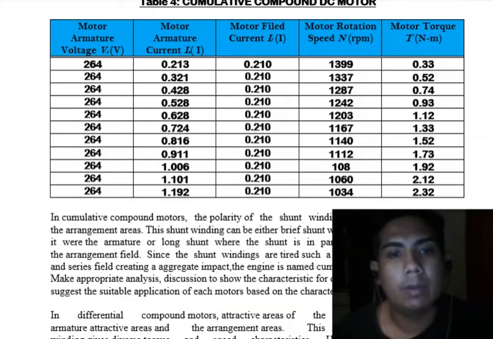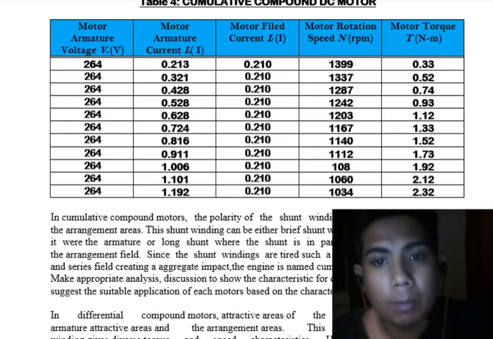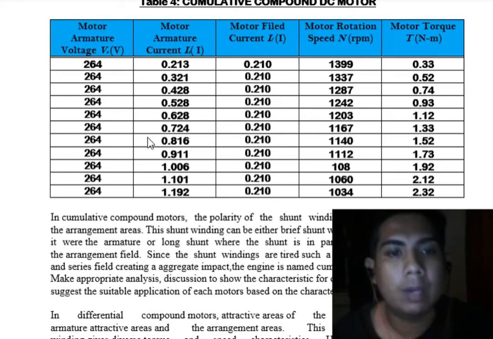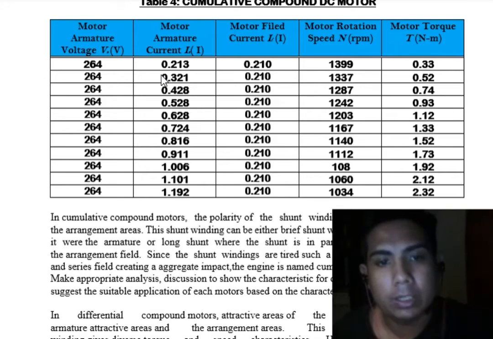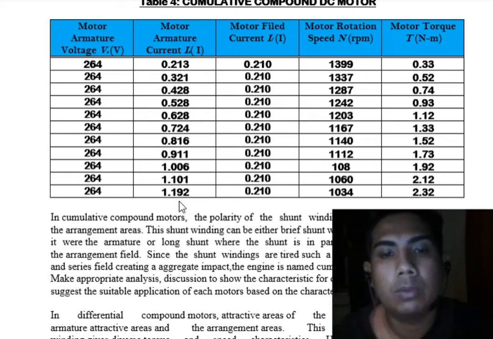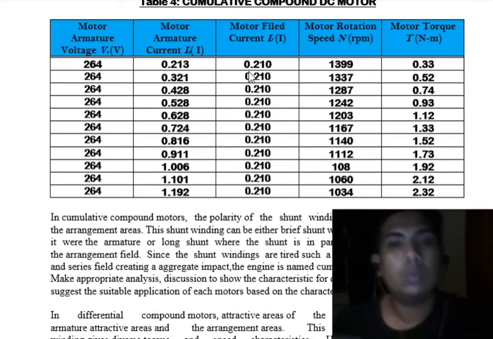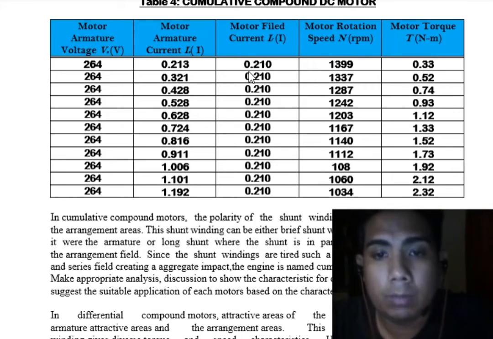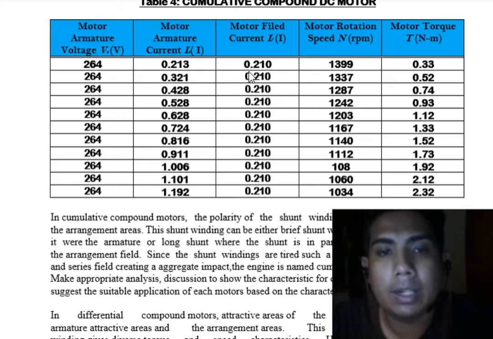Okay, for table 4, which is the cumulative compound DC motor, the motor armature voltage is still the same, 264. The motor armature current is increased from 0.213 until 1.192. For the motor field, still the same, which is 0.210, and the motor speed decreased from 1399 until 1034.